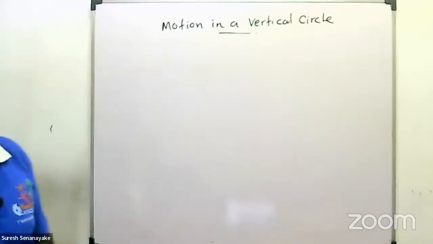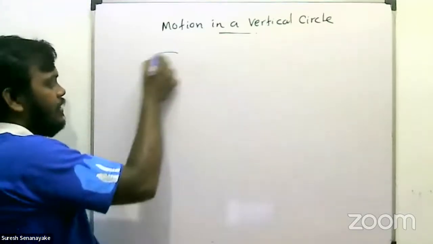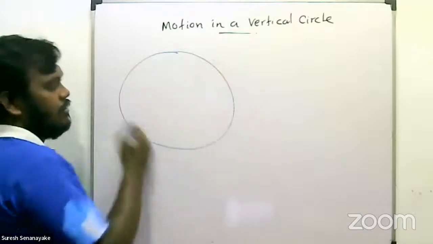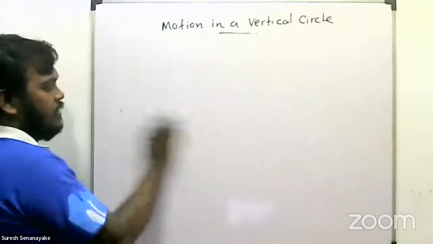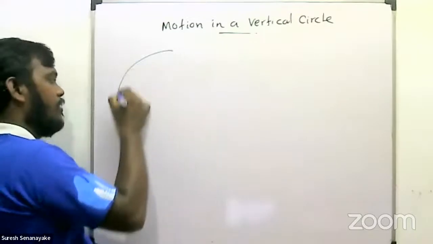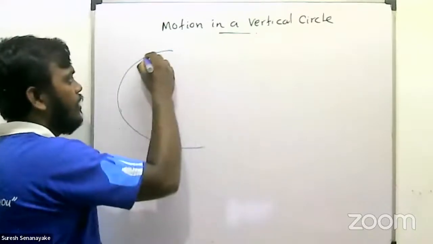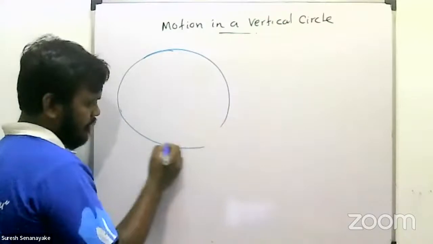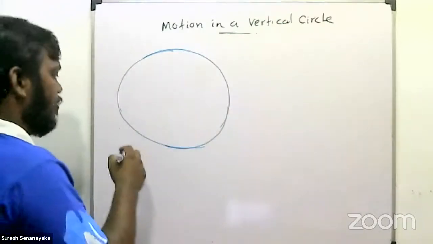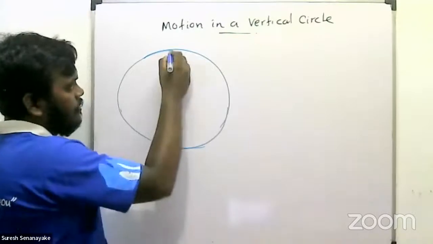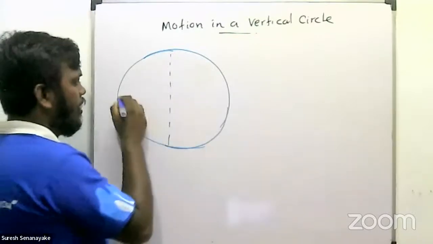Right, we consider the motion of a body. We attach the body to a string and then we rotate it in a vertical circle, right?